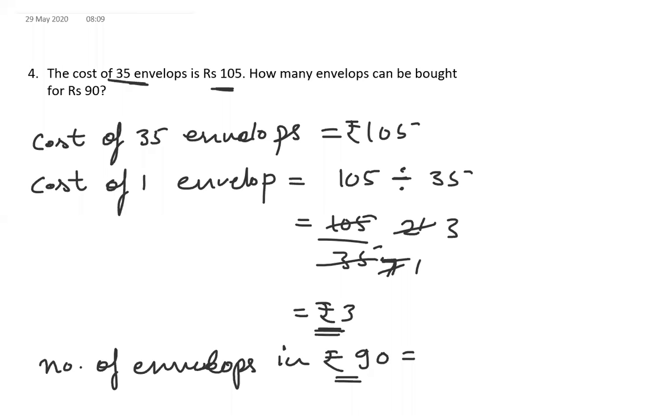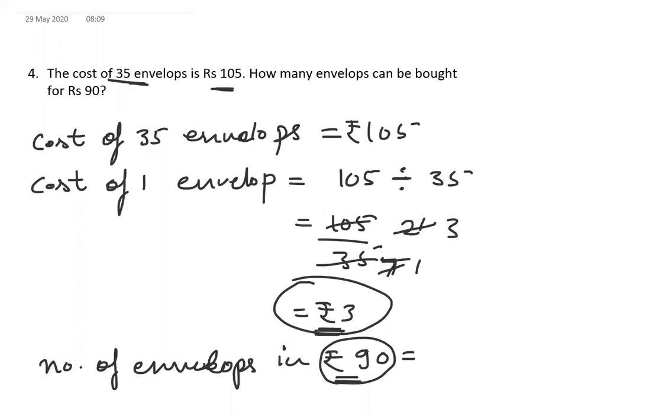Suppose you are going to the market and you have 90 rupees in your pocket, and you have to buy some envelopes, and the price of one envelope is 3 rupees. Just imagine this condition. So how many envelopes will the shopkeeper give to you? So when you are having the same units, look at this, we have the cost of one envelope, and again we have money. So this time we will not multiply, because in the earlier question we were multiplying.